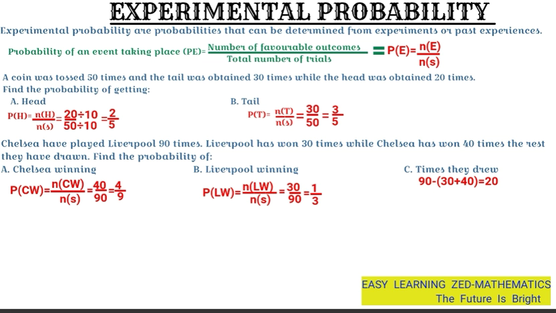So since the difference is 20, that is the number of games they have drawn. Now we need to find the probability of the draws they have had.